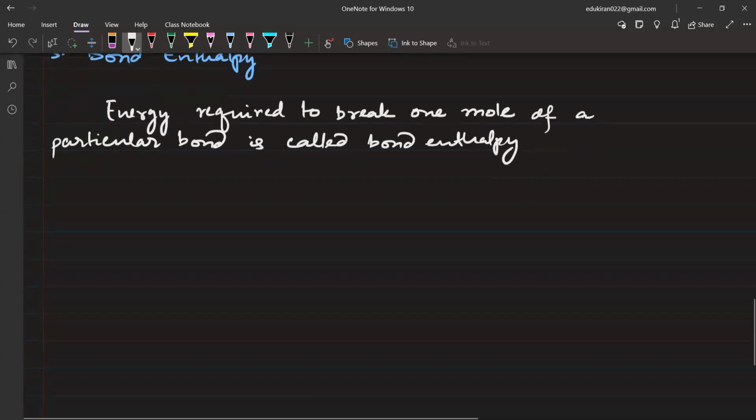Now, bond enthalpy can be divided into 2 different parts. Please see this. This is very important. Bond enthalpy. ठीक है, ध्यान दीजिए.